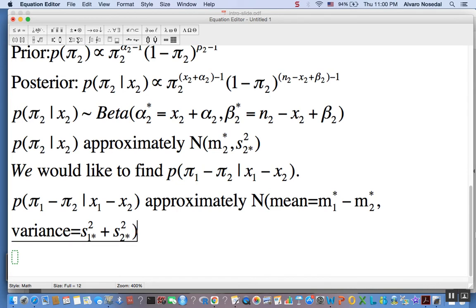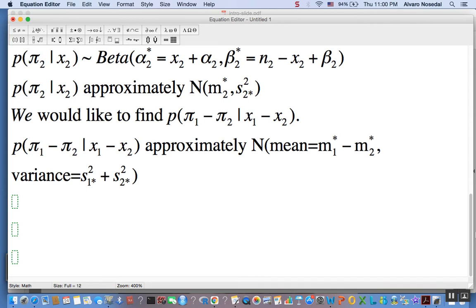So now it turns out that, for instance, if we want a credible interval for the difference between proportions, let me use pi d for the difference between those two proportions. Pi d is used for the difference between proportions.